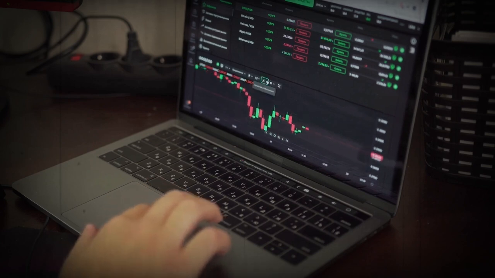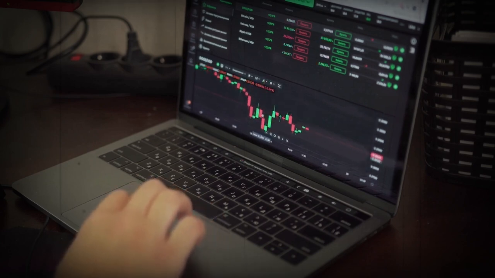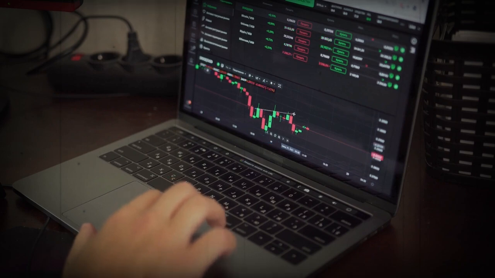Traders also often struggle with the fear of missing out. They're so scared of missing the next big move that they jump into trades without doing their due diligence. And then there's the issue of information overload. With so many charts, indicators, and signals to analyze, it's easy to get overwhelmed and lose focus. Of course, there's also the problem of inconsistent trading.